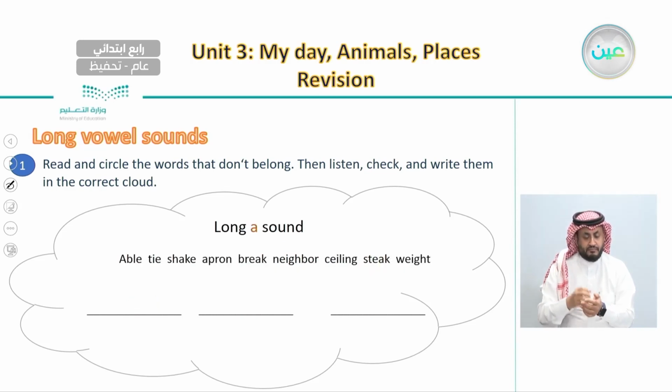Now let us move to the last cloud we have, which is the long A sound. Let's listen, and after this we're going to circle the words that do not belong.